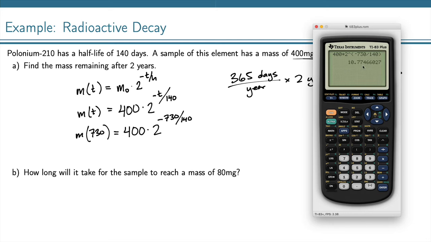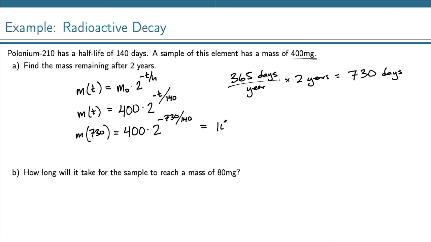And we're going to round this to the nearest hundredth, so 10.77. And this is a mass, and remember our mass is measured in milligrams. So after 2 years, from the 400 milligrams, we've decayed down to just 10.77 milligrams.